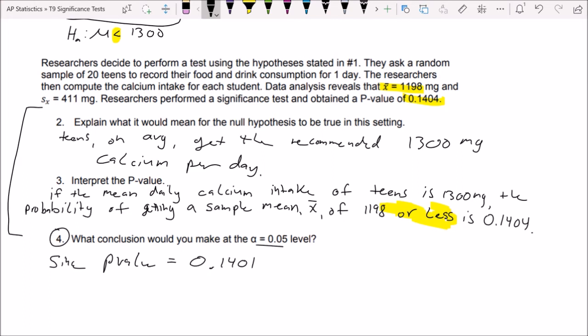It is greater than alpha, which equals 0.05. Okay, so our p-value is too large. We fail to reject the null hypothesis is how we write this. Fail to reject the null hypothesis.